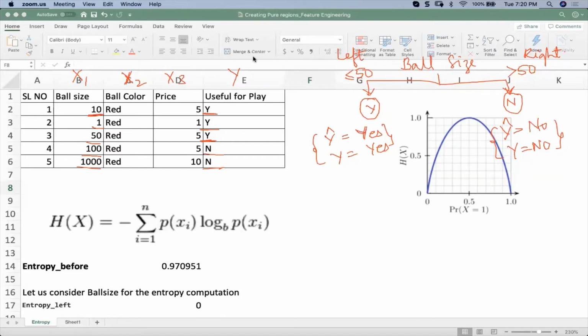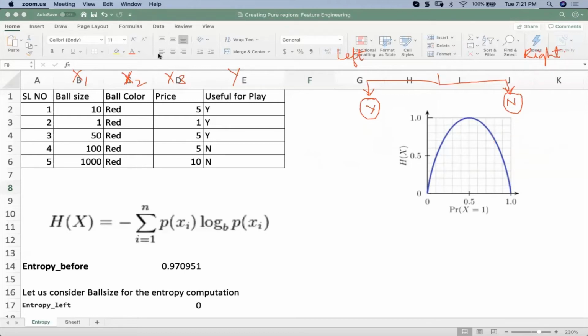Okay. Now, let us take another example here. It's again the same thing. Let me take a different color. Now we are going to use price as the other variable.